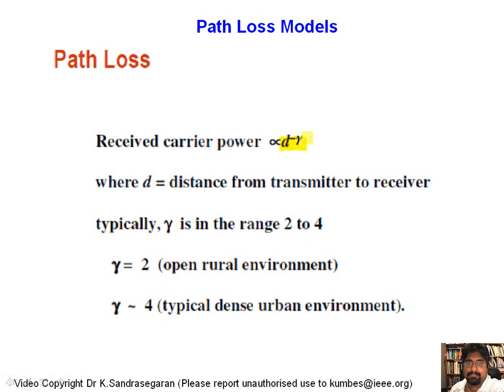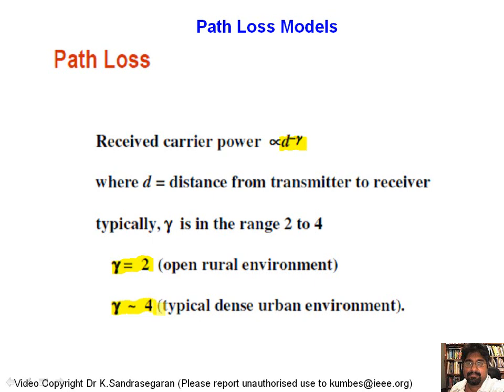The path loss is d to the power minus gamma, where d represents the distance and gamma represents a path loss coefficient. This path loss coefficient can take values between 2 and 4. If you're in an open rural environment, the gamma could be 2, whereas if you're in a dense urban environment, the gamma could be 4.